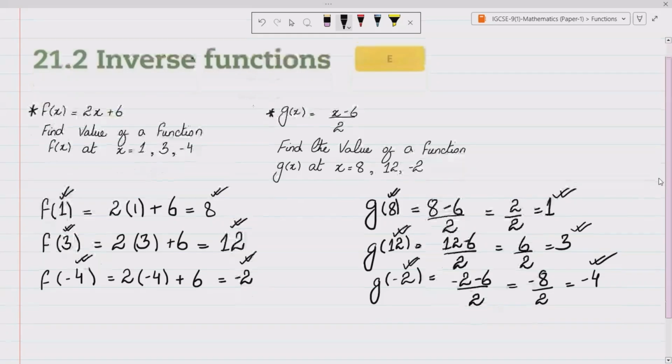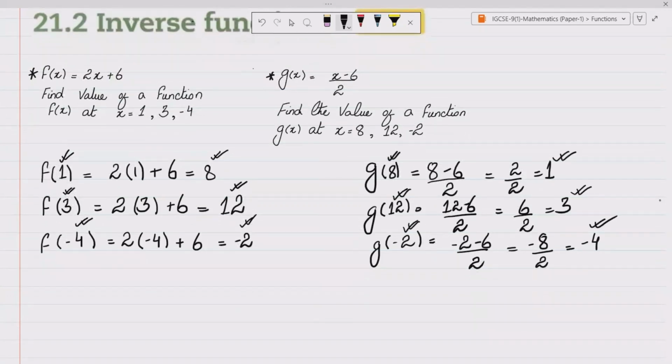These are not ordinary functions. If you see the pattern, in f of x, when you put 1, you got 8. In g of x, you do the reverse: you put 8 and get 1. In f, when you put 3, you got 12. In g of x, when you put 12, you got 3.